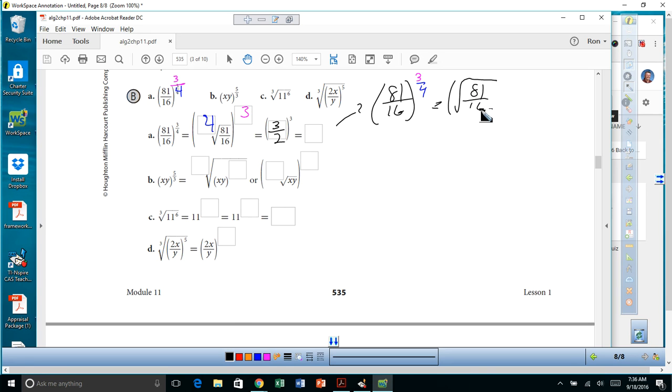That becomes the fourth root of 81 over the fourth root of 16, and then we cube that.